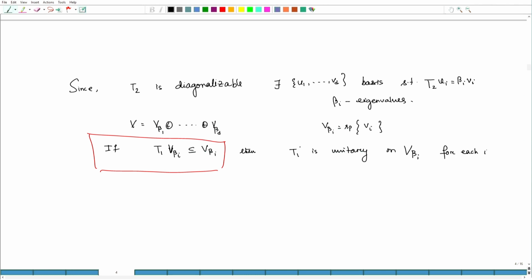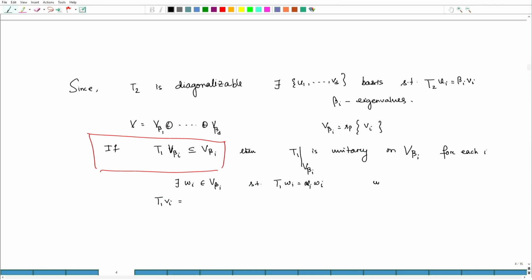To be more specific, T1 restricted to V beta i is unitary on V beta i. Now, if it is unitary on V beta i, it will be diagonalizable. Once it is diagonalizable, there exists Wi belonging to V beta i such that T1 Wi is equal to alpha i Wi.